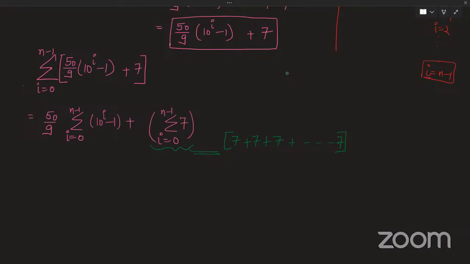So how many times is 7 coming? n times, sir. Correct. So it is 7n, not 7n minus 7. If it started from 1 and went till n minus 1, then it would be n minus 1 terms. But it is starting from 0, so one term extra is there. So it is total n terms, not n minus 1 terms.